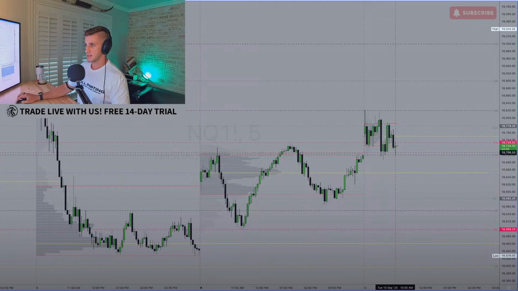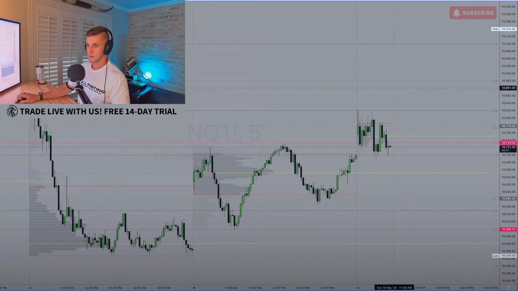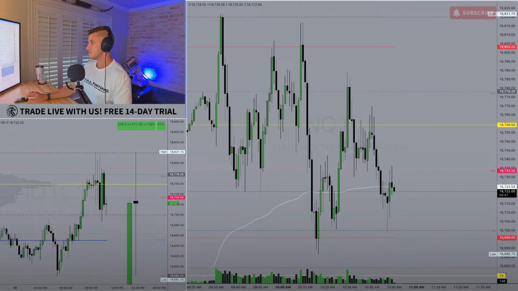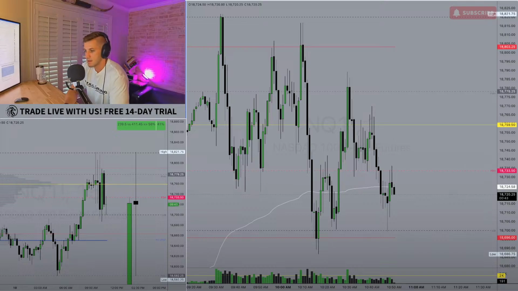So buyers need to see some action above that prior day high. Continues to be the main reference point given current price location.